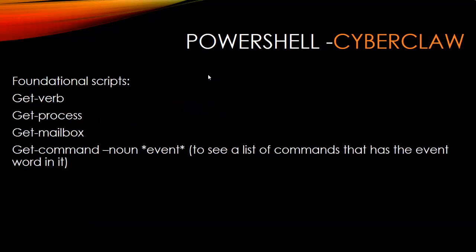You gotta know how to make foundational scripts. Get-Verb, Get-Process. Well, when I say Get-Verb, it's Get dash Verb, Get dash Process, Get dash Mailbox, right? If you want to find out, let's say for example, a commandlet that has the noun event, I'm gonna type it. I'll show you.